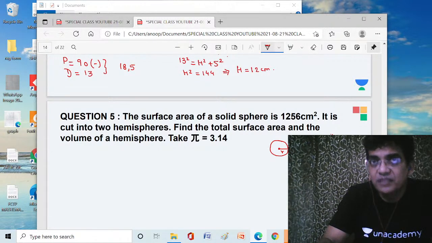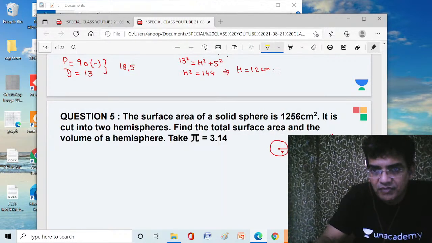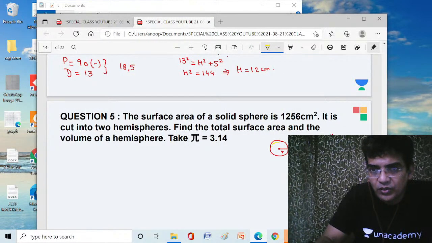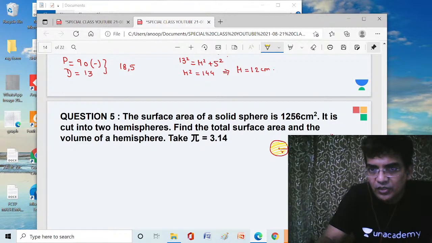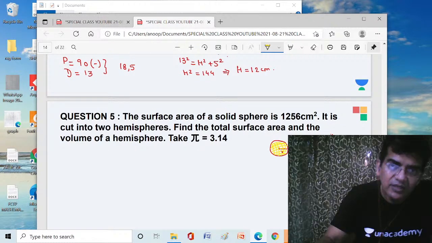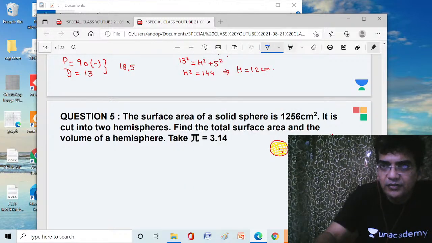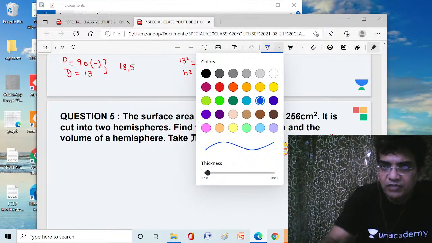Now a sphere has only one surface. You can call it the curved surface, you can call it just simply the surface, or you can call it the total surface. Whatever you want to call it, it has only one surface. So whether you call it curved surface or total surface, it will make no change in its formula.